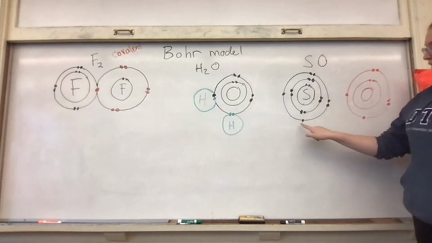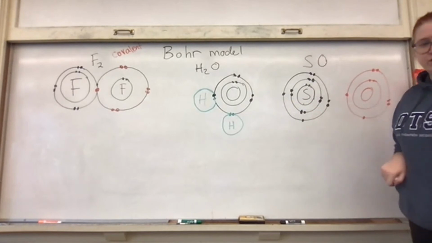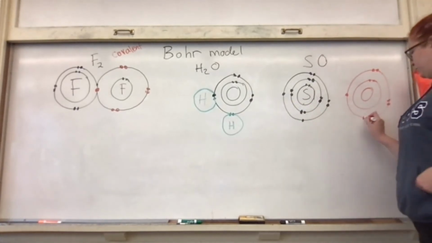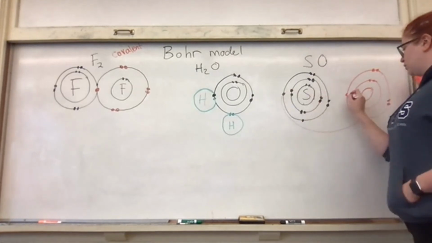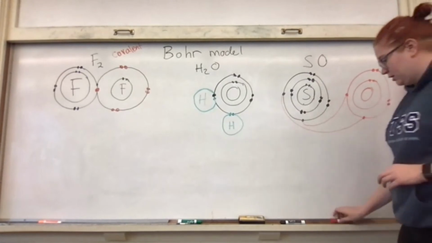Okay, so you can see here, sulfur wants 2 more electrons to have a full shell. Oxygen also does. So they're forming a double bond by sharing all of those electrons.